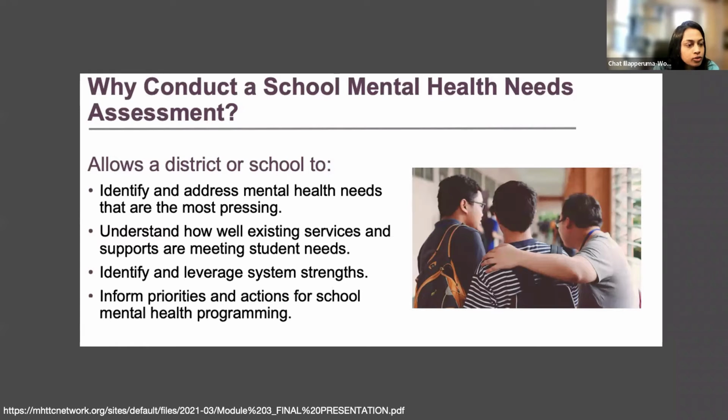That's where you have to identify the unique needs. Understanding the strengths can also help school mental health teams figure out how to use their strengths and help address gaps, inform potential action planning, and effective resource allocation.